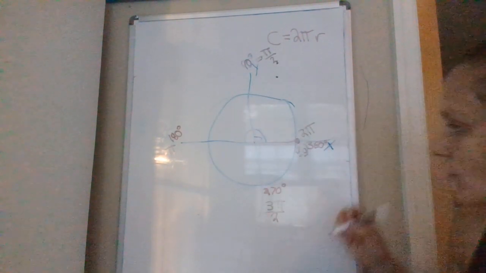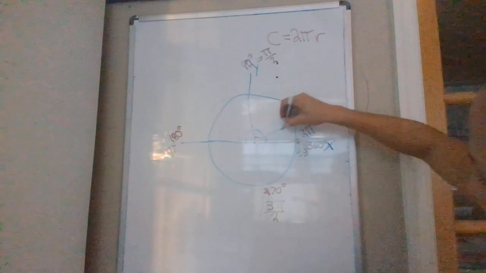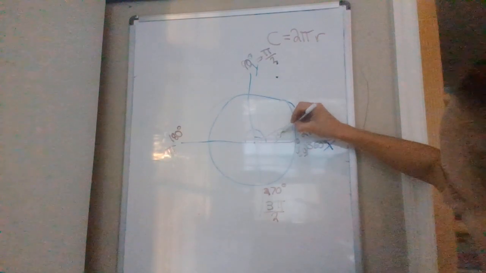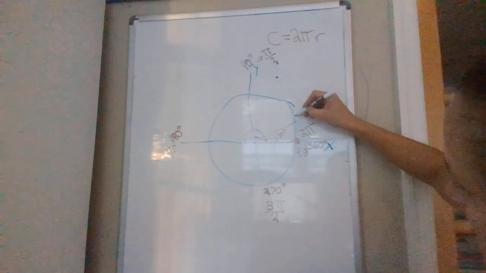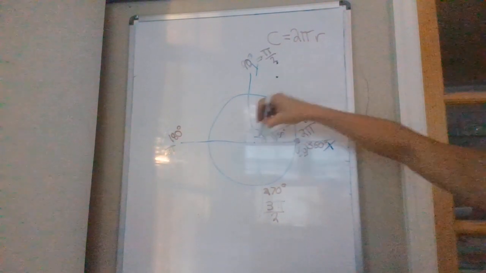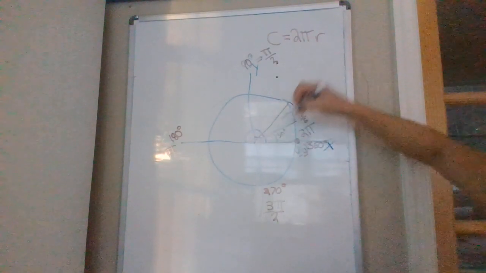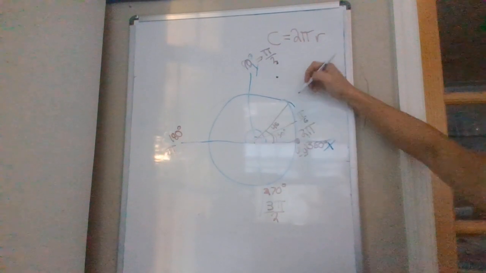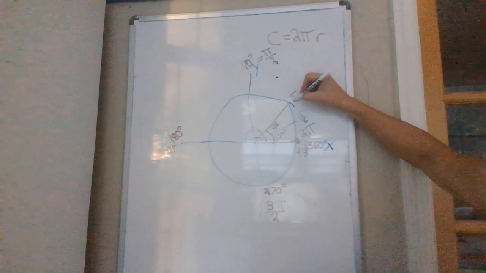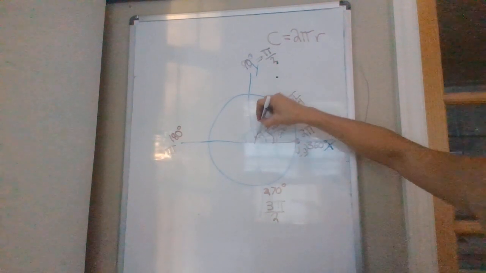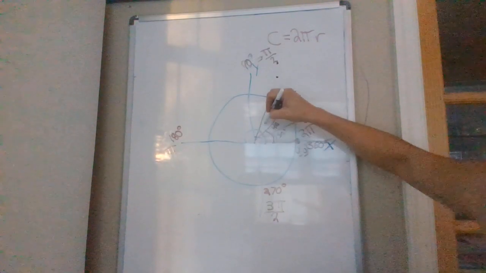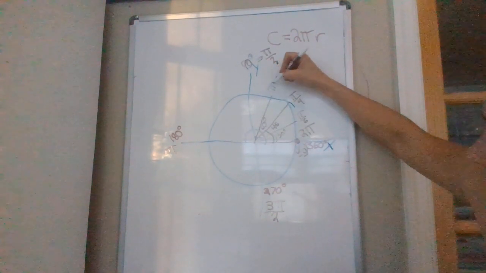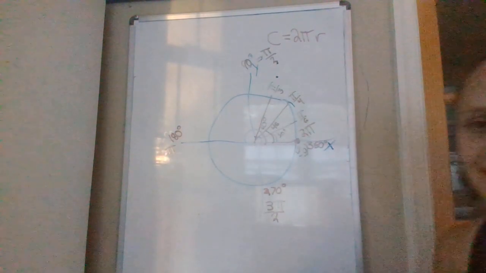Some very important angles in trigonometry are the 30-degree, which in radian measure is pi over 6, your 45-degree, which is pi over 4, and your 60-degree, which is pi over 3.